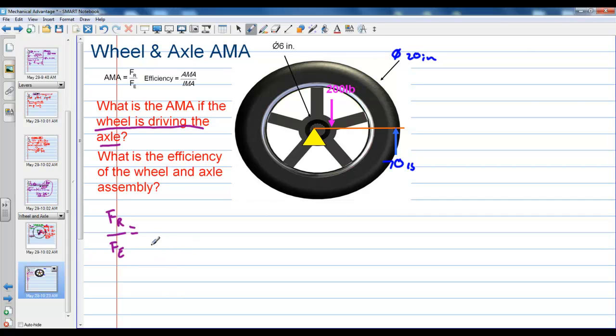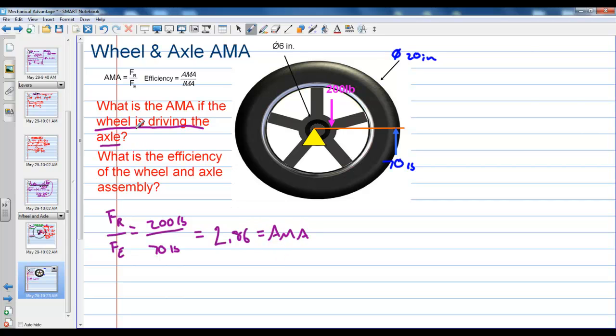So we have 70 pounds. And the resistance is the axle. The axle is what's being driven, and that's 200 pounds of force. When you calculate that out, you get 2.86. That is our AMA, actual mechanical advantage, of 2.86.